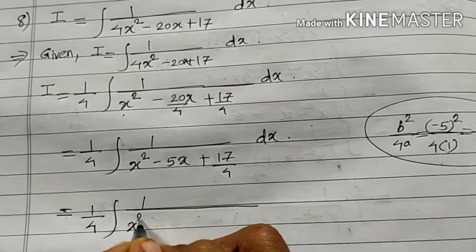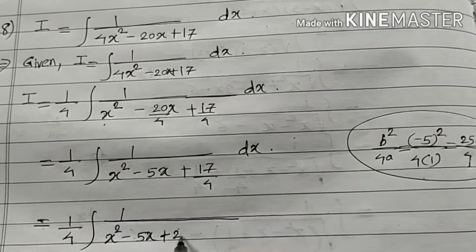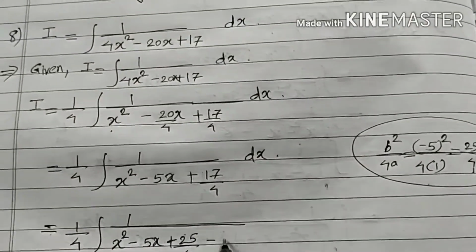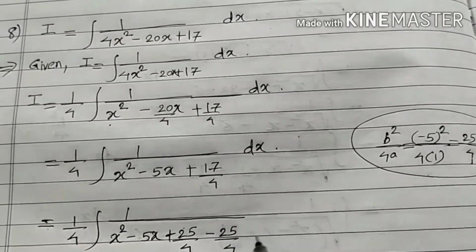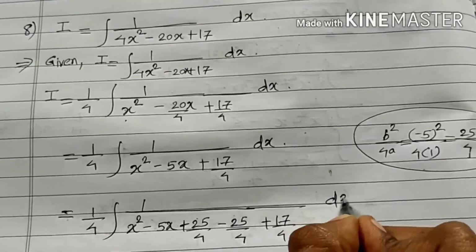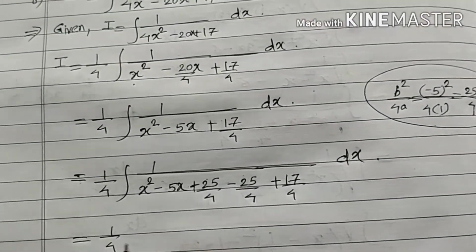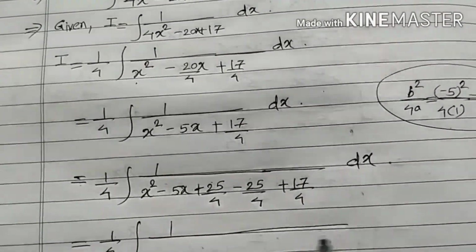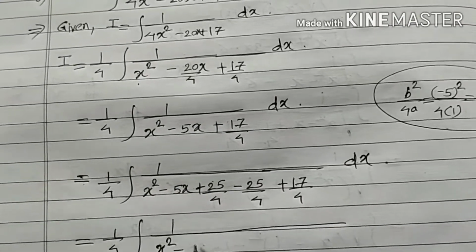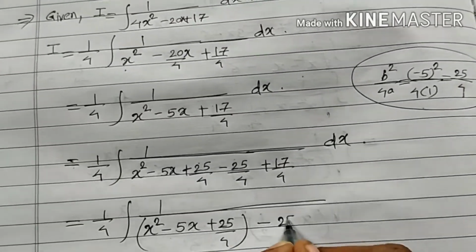So here x square minus 5x plus 25 upon 4 minus 25 upon 4. This is plus 17 upon 4 dx. So it is 1 upon 4. Take it in one bracket. And this is as it is.